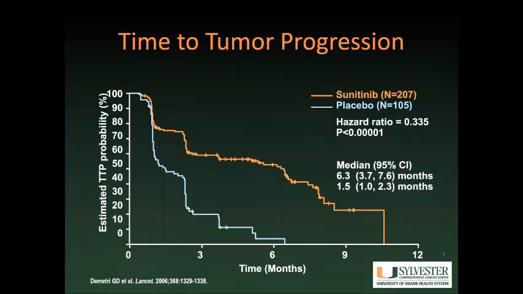Now, certainly this is an average, or a median actually, but many patients stayed on Sutent longer. Some patients stayed on it shorter, but the placebo patients did very poorly. That's why we discourage placebos in most trials when it's possible to do so.